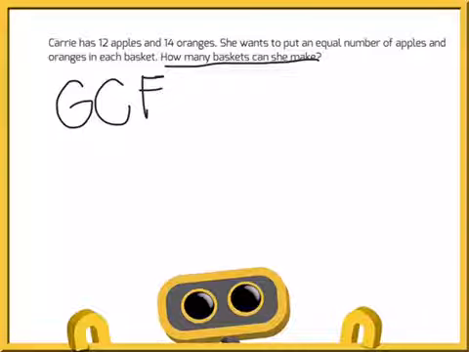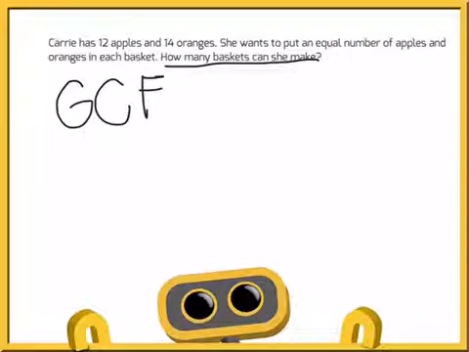Well, the difference with that kind of question is you could say, okay, you could put 2 apples and 2 oranges in each basket and then you'll have 2 oranges left over. That's not what this is asking. When it's finding GCF, it's saying you don't want anything remaining. However, it does not necessarily mean that there needs to be the exact same number of apples and oranges together. Like each basket does not need 6 apples and 6 oranges.